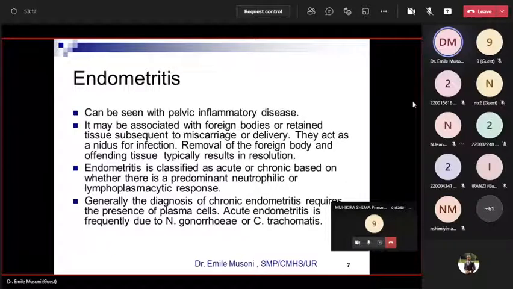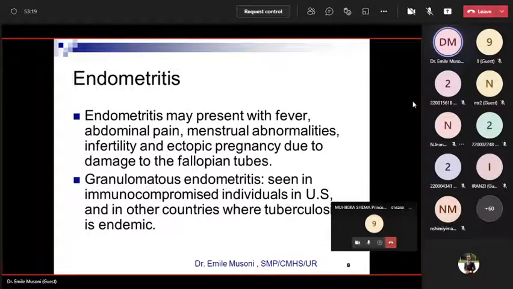Then they tell you it is an inflammation, and the microorganism involved is this one. Endometritis presents with fever, abdominal pain, menstrual abnormalities, infertility, and some ectopic pregnancy due to damage of the fallopian tube. You can also find some granulomatous endometritis.